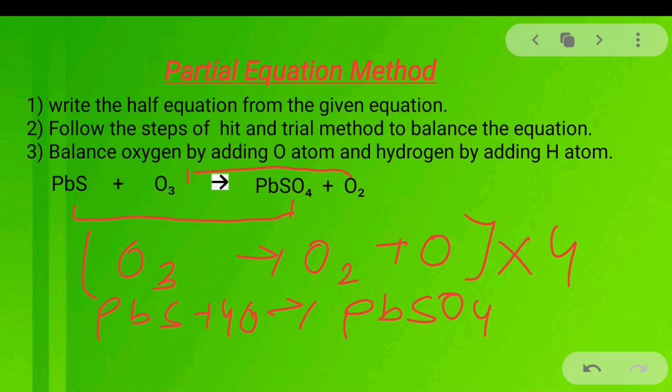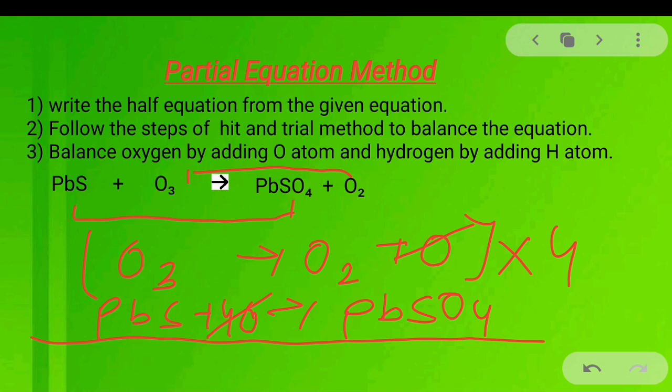Just to balance the equation, I need to multiply the first equation with 4, because you can see that in this equation given to us, there is no oxygen atom present in that. So we need to cancel the oxygen atom present in the two equations we have written. So to cancel this, we need to multiply the first equation with 4. Now 4 oxygen atoms cancel.